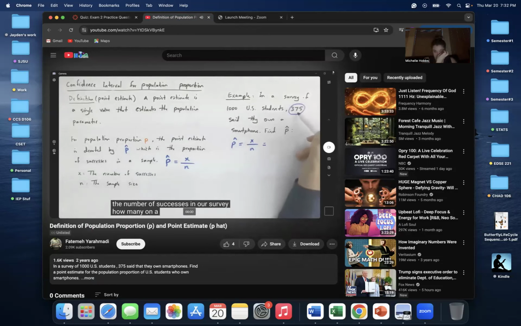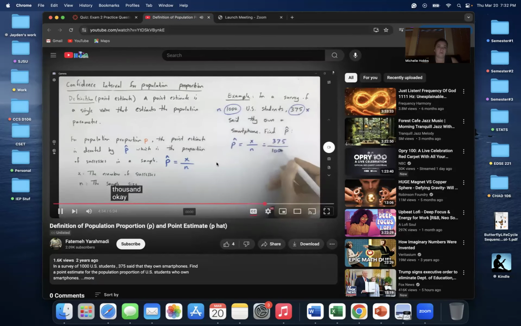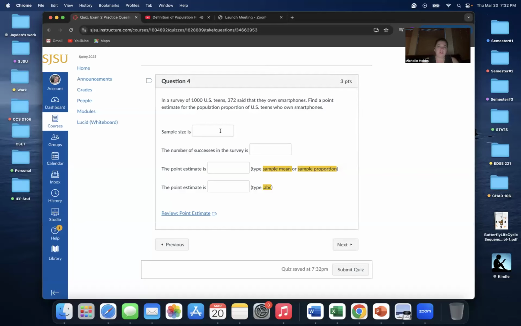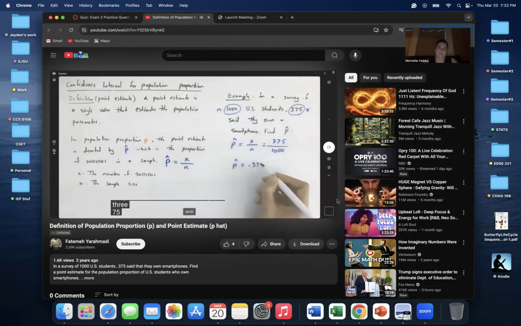How many own a smartphone? 375 divided by the sample size, or N, is 1,000. So P hat can be written as 0.375, or P hat is 37.5%. What's the meaning of that?